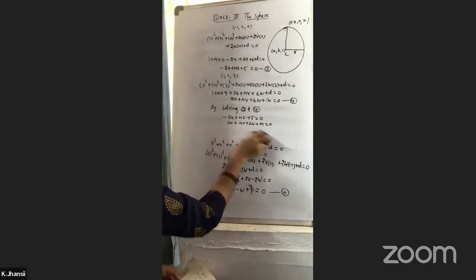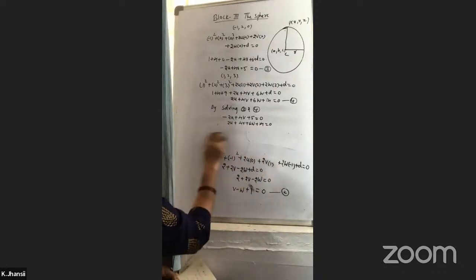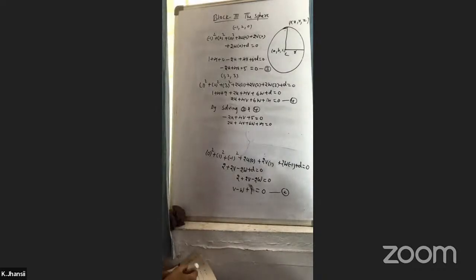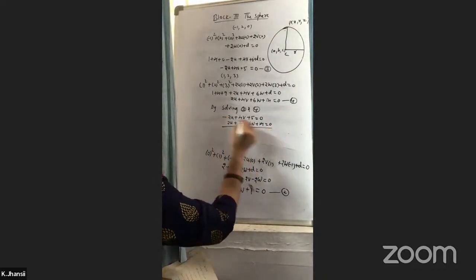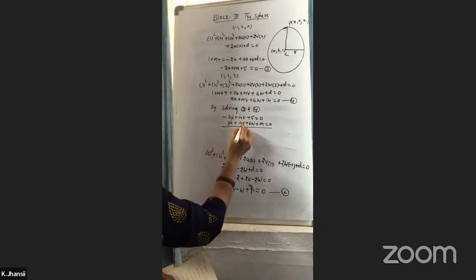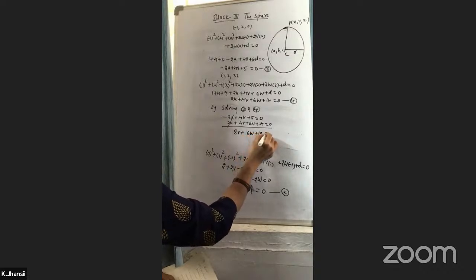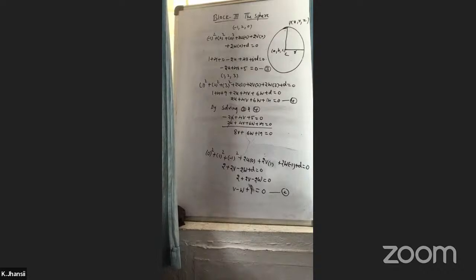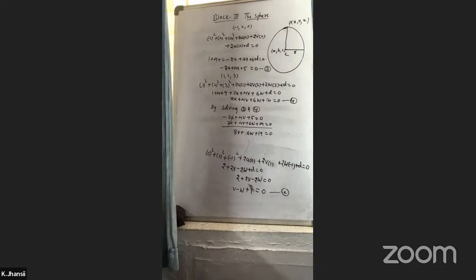So when we add this minus 2u and plus 2u will become cancel and they will become 0. Okay. So these two will get cancelled. 4v plus 4v means 8v plus 6w plus 19 is equals to 0. Okay. So we got 8v plus 6w plus 19 is equals to 0 we got.